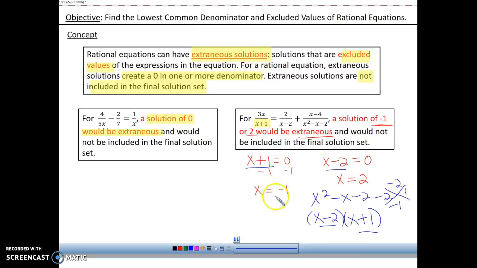So that's why negative 1 and 2 would still be extraneous, because they would make the denominator 0. We cannot divide by 0. So the main thing for extraneous solutions: we cannot divide by 0.